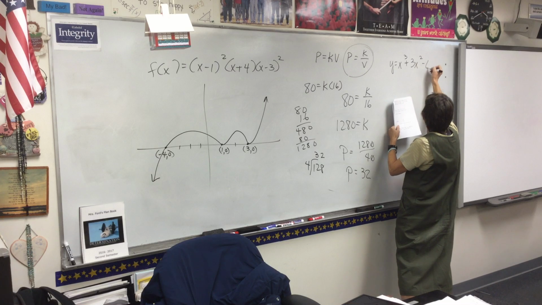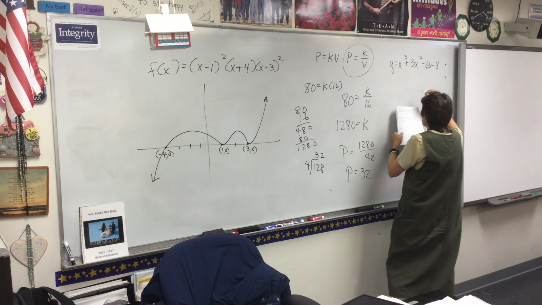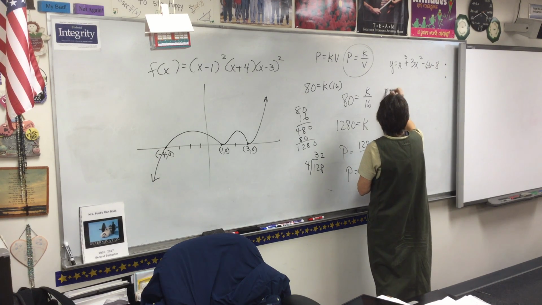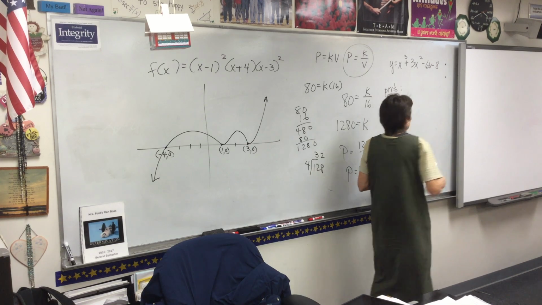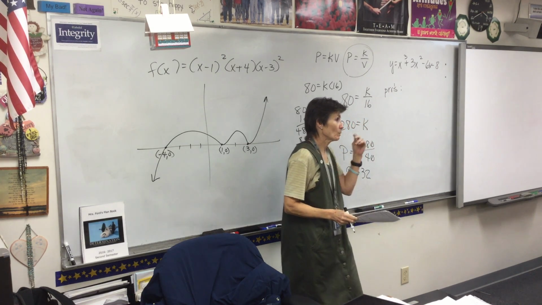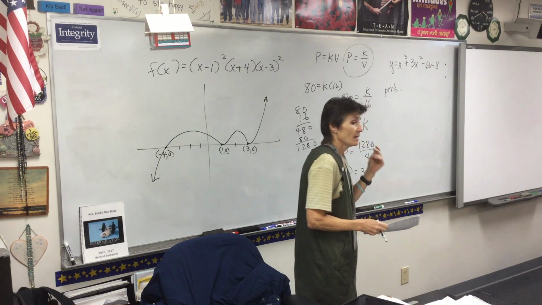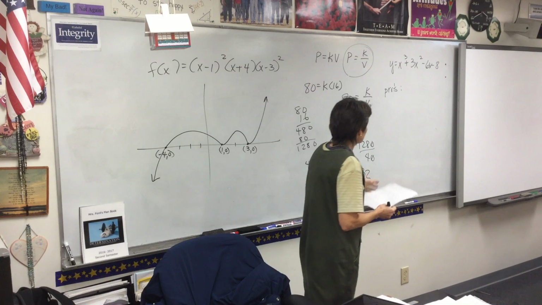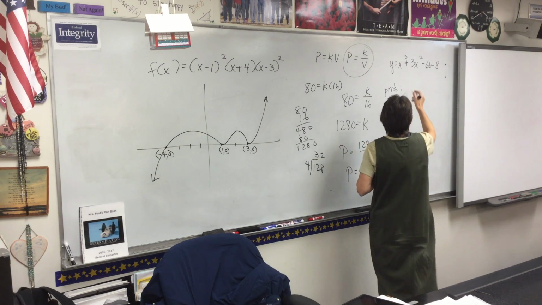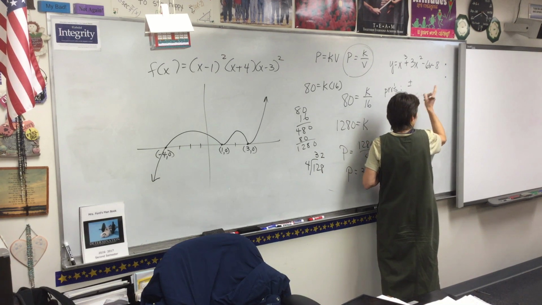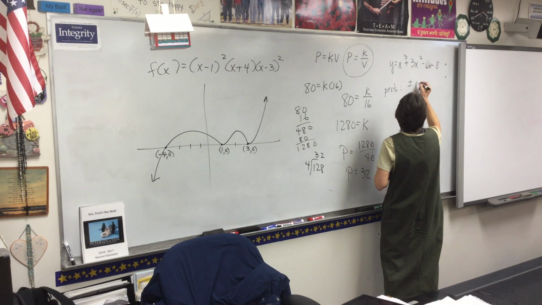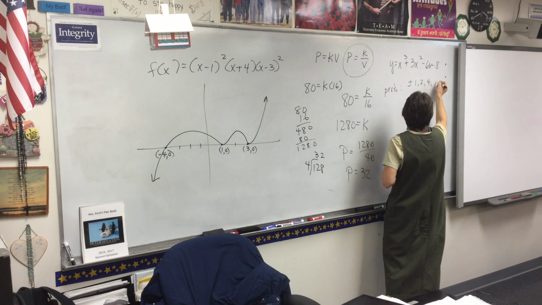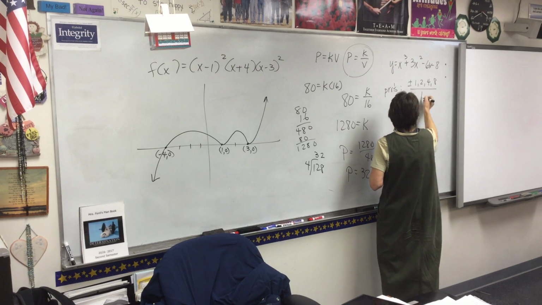Oh, this is going to be a big problem because it says list the PRRs. What does that automatically mean to me? I'm going to have to guess. I'm going to be guessing and dividing. What numbers am I going to guess from? Plus or minus, don't forget that. 1, 2, 4, and 8 over 1.